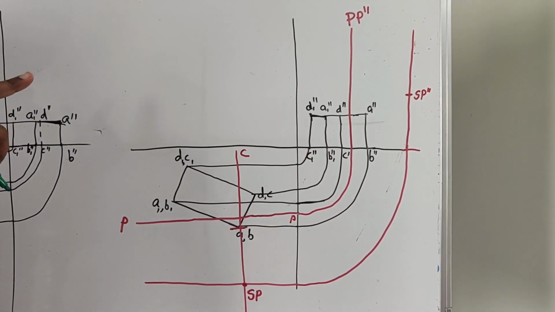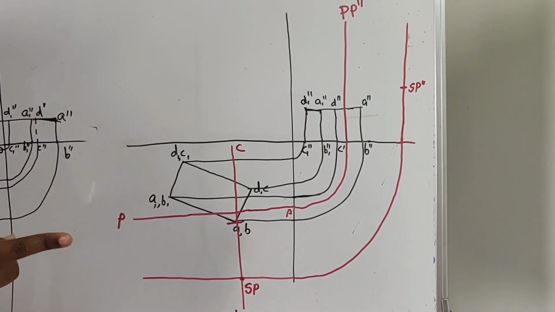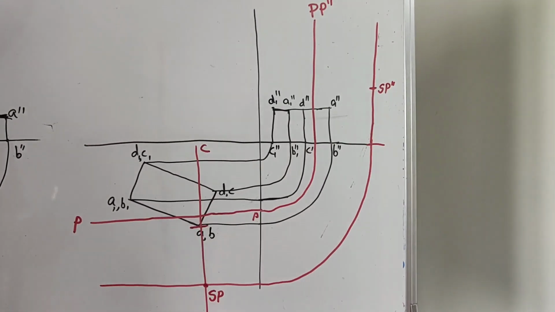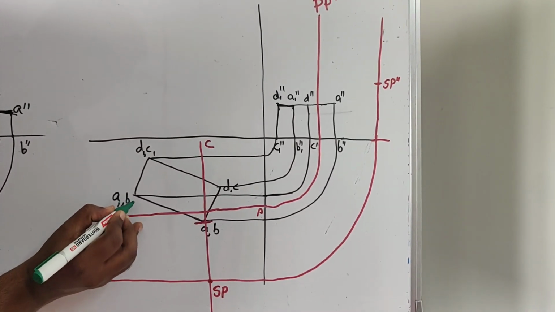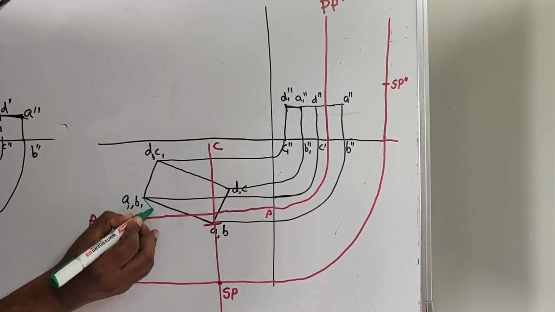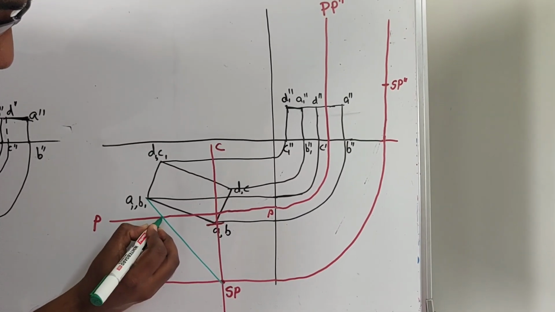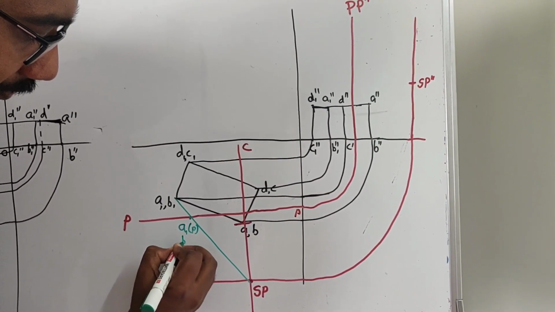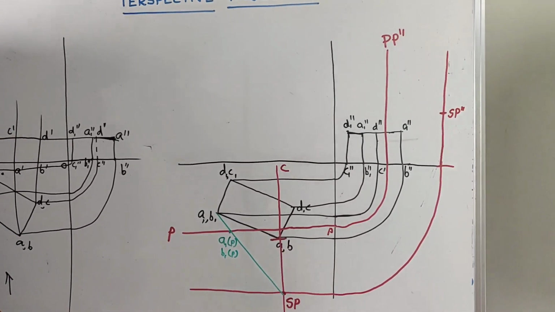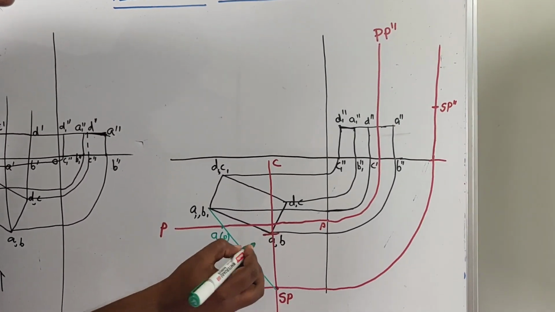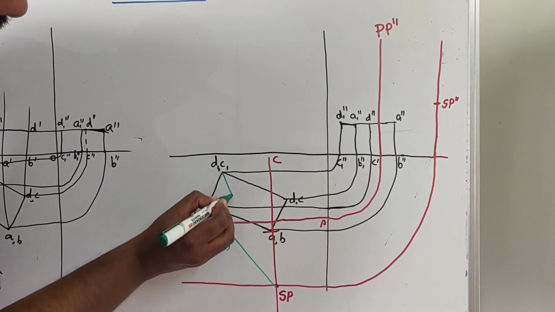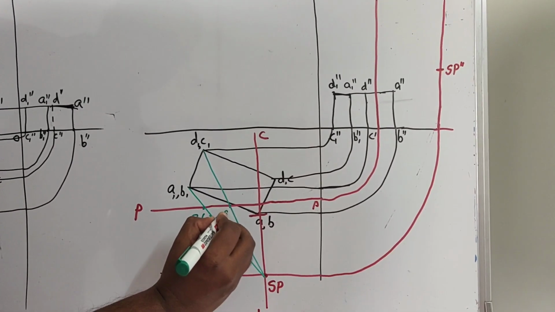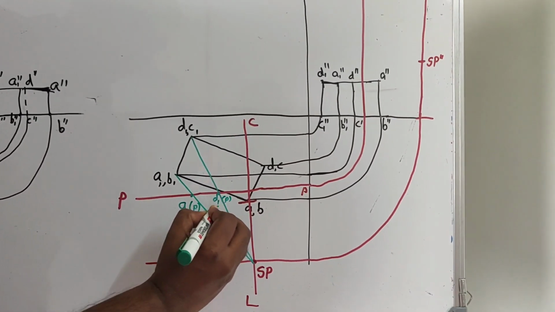Based on that only you can draw the perspective projection, because the perspective view is a view on the picture plane. So you can connect A1, B1 to SP. So you are getting here A1P and B1P. Now you can connect D1 and C1 to SP. So you will get D1P and C1P.